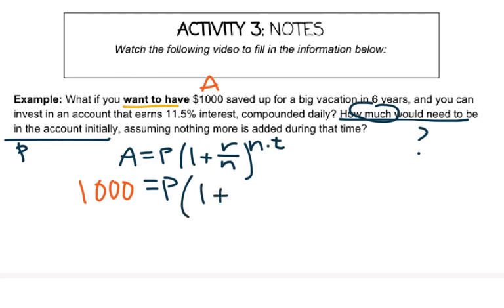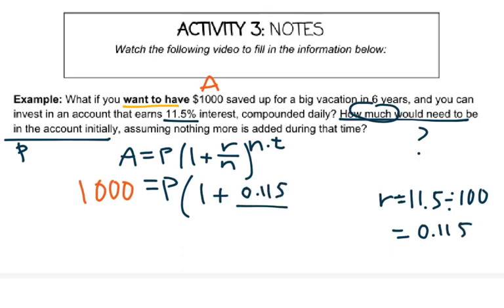And so then we plug in the rest of the variables. So R is our interest rate, so 11.5. So we divide that by 100, and you get 0.115 for our value, divided by N. Let's see, it's compounded daily, so how many days are in a year?